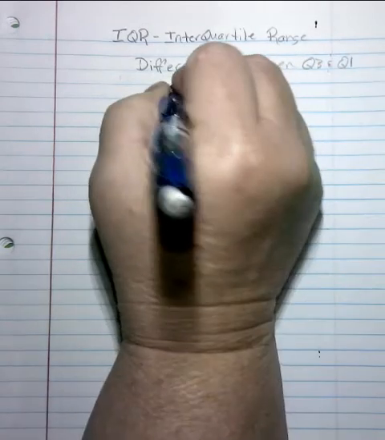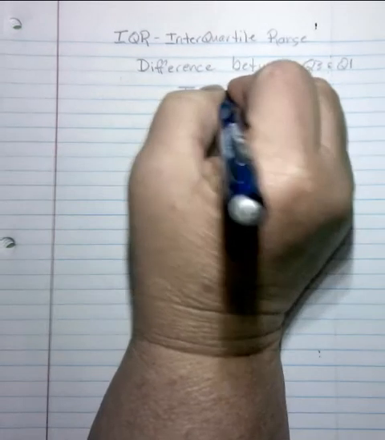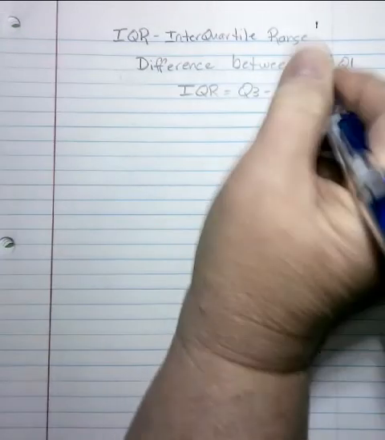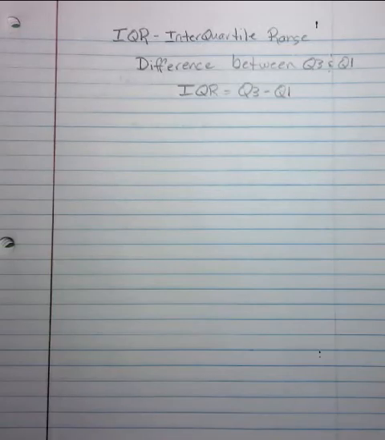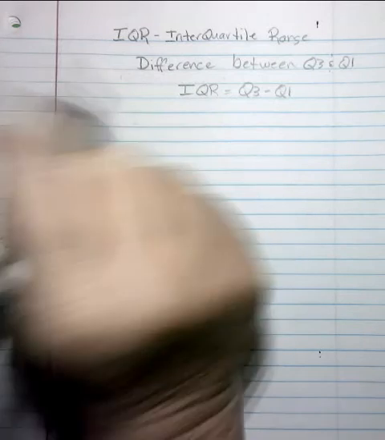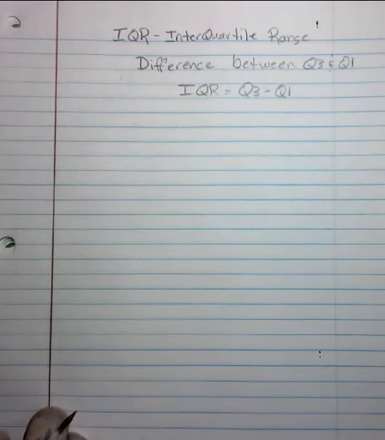So the IQR is found by doing quartile 3 minus quartile 1. And so when you have found your quartile values, you can easily compute your interquartile range. Now this is a measurement that indicates the spread of the middle 50% of your data.